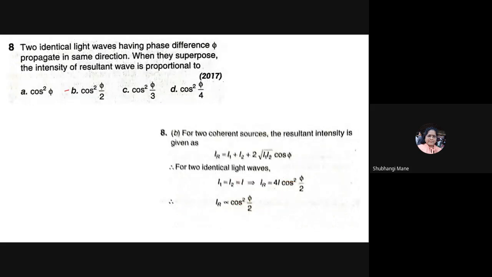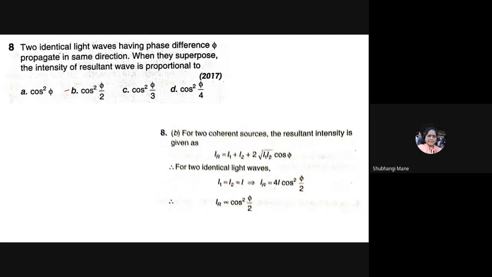And therefore I maximum plus I minimum equals 2 into I1 plus I2. So this is the correct answer. ठीक है? Because A1 square is to be substituted by I1, A2 square is to be substituted by I2. So the correct option is 2 into I1 plus I2. Okay.